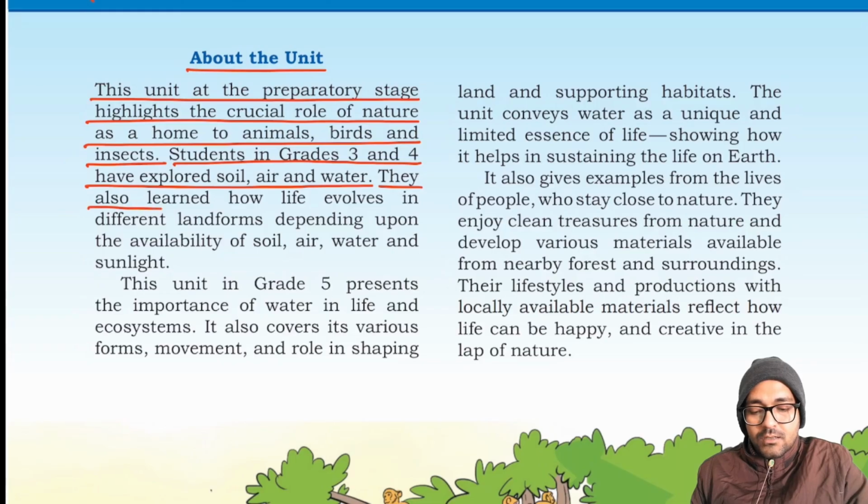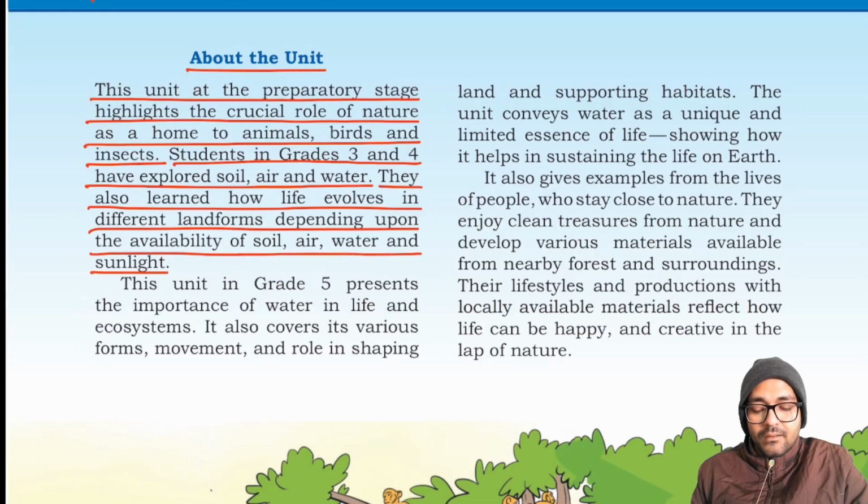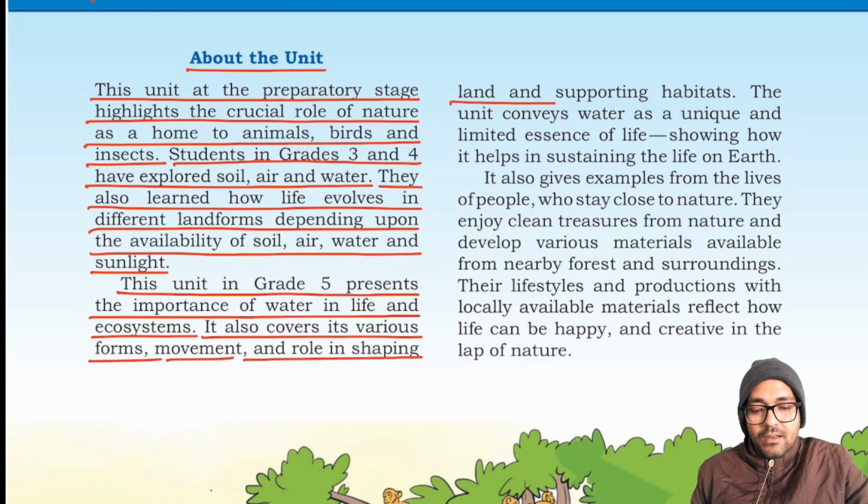They also learned how life evolves in different landforms depending upon the availability of soil, air, water and sunlight. This unit in grade 5 presents the importance of water in life and ecosystems. It also covers its various forms, movement and the role in shaping land and supporting habitats.